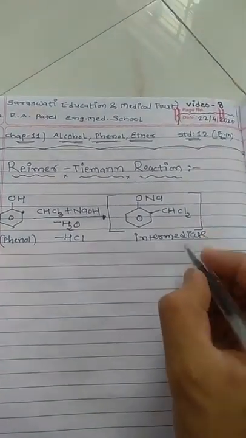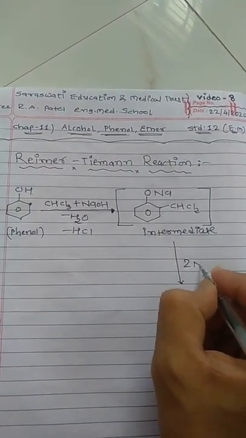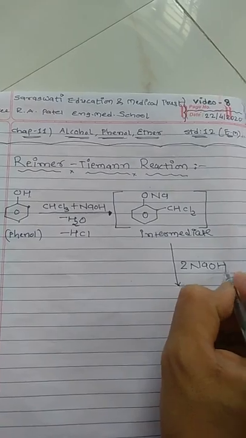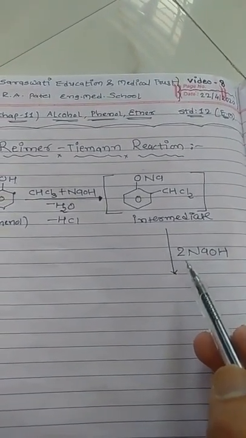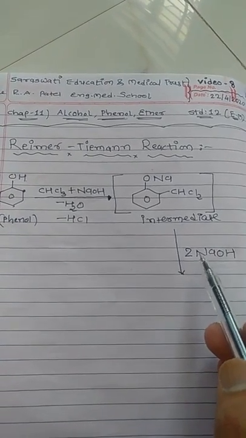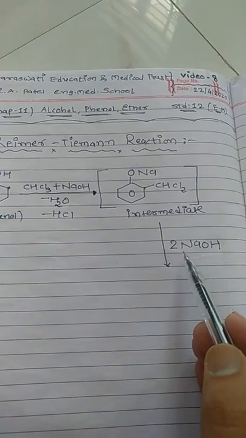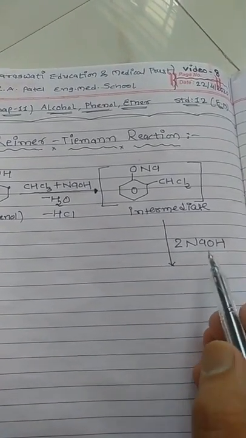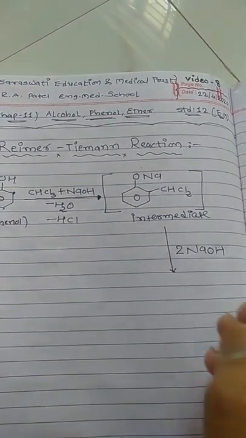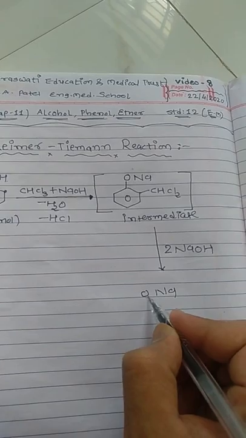Now this intermediate is further treated with excess alkali. Here I will require 2 moles of NaOH. In the textbook, only 1 mole of NaOH is given, but with the help of 1 mole of NaOH you cannot proceed with the complete reaction. So you require a total of 2 moles of NaOH over here. NaOH reacts with the intermediate to form a compound like ONa.